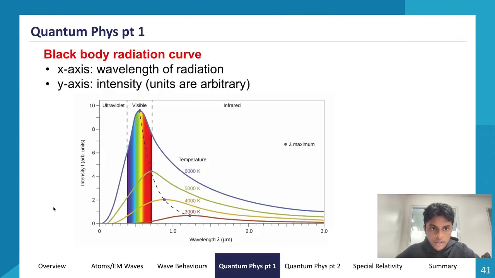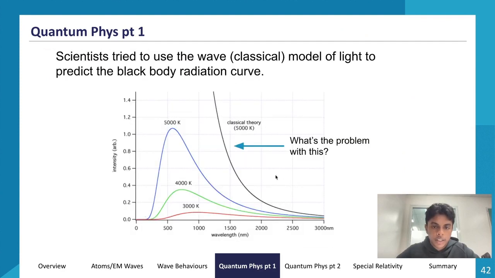The classical model said that the intensity of light would approach infinity as the wavelength approaches 0. That obviously violated the law of conservation of energy. Also, the experimentally observed blackbody radiation curves didn't align with classical theory, and so that led to the ultraviolet catastrophe, which was then rectified by Max Planck.